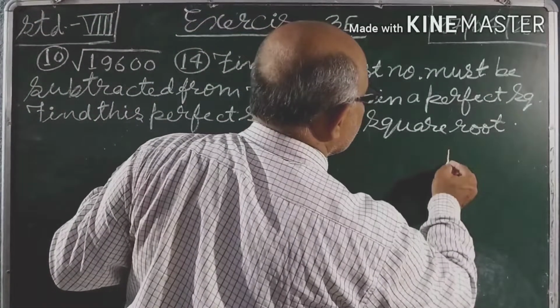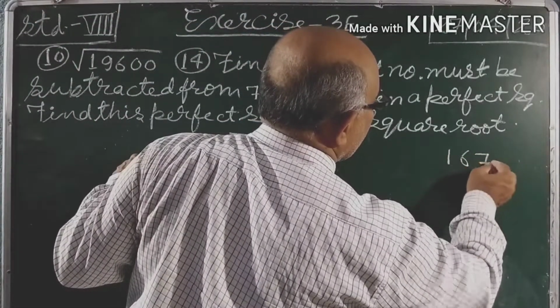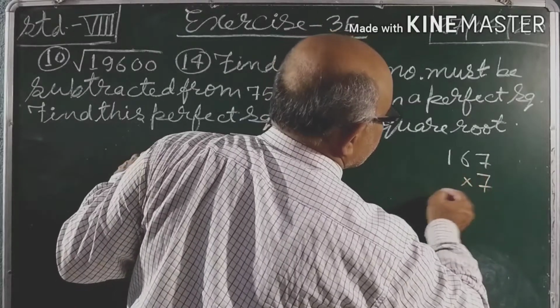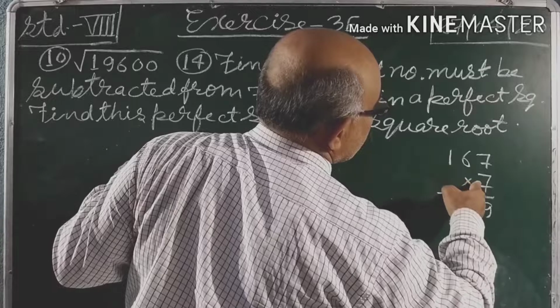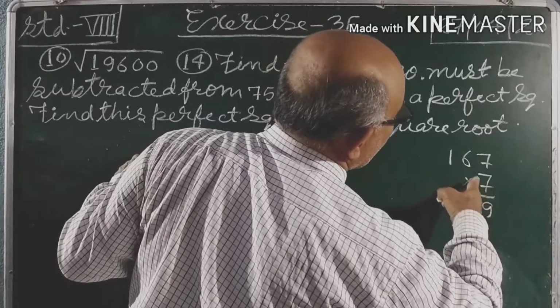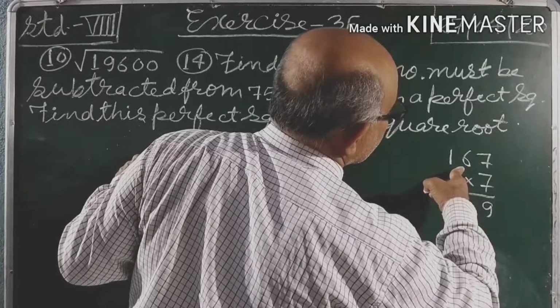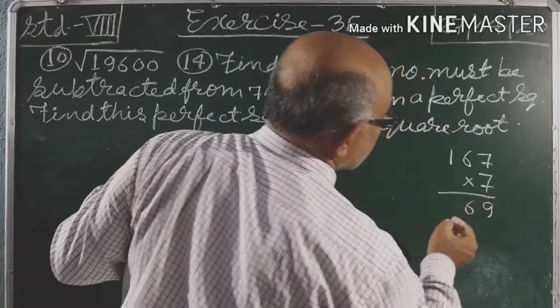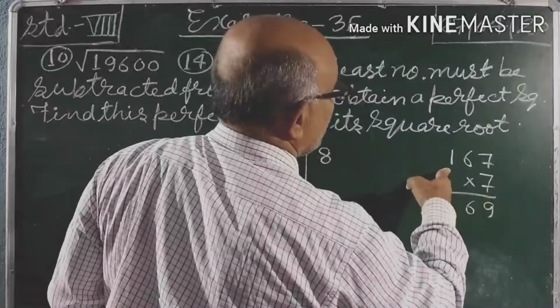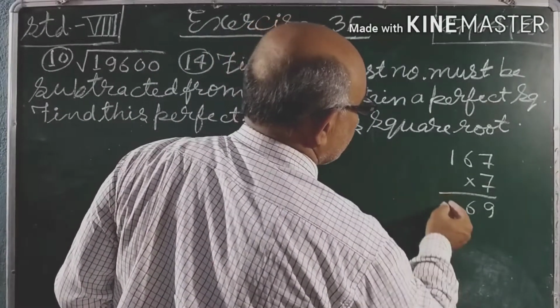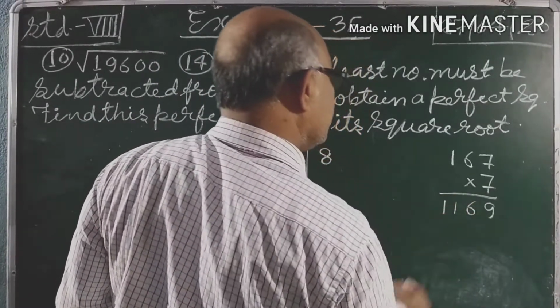Now check here. 16 7 times. 7 7 is 49, for 9. 6 7 is 42, plus 4 is 46. So 6 here. Now 1 7 is 7, plus 4 is 11.